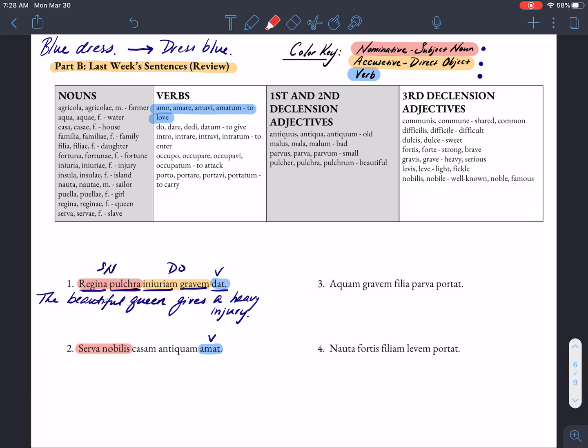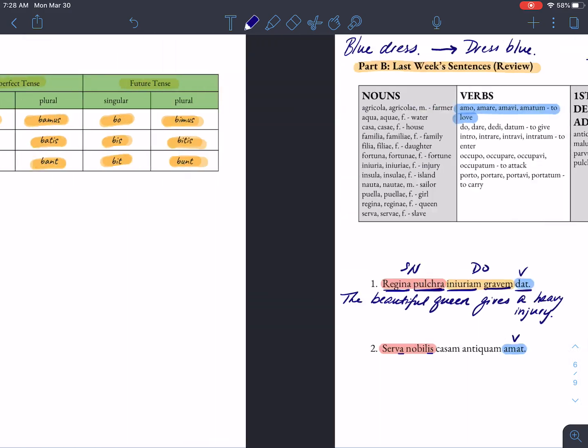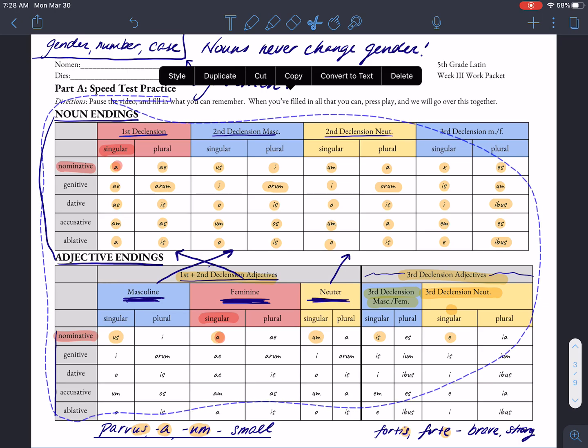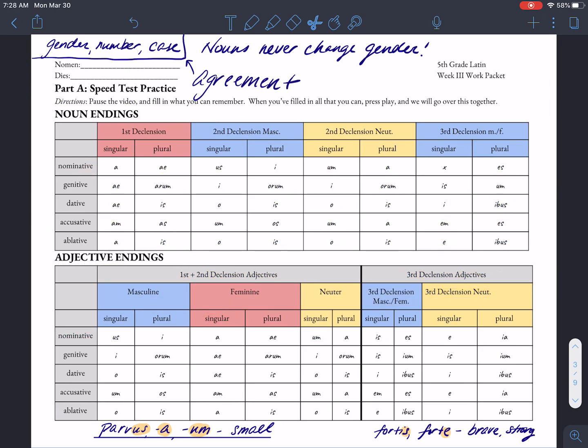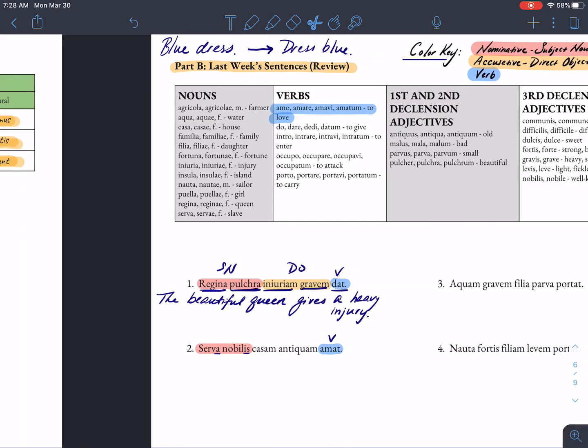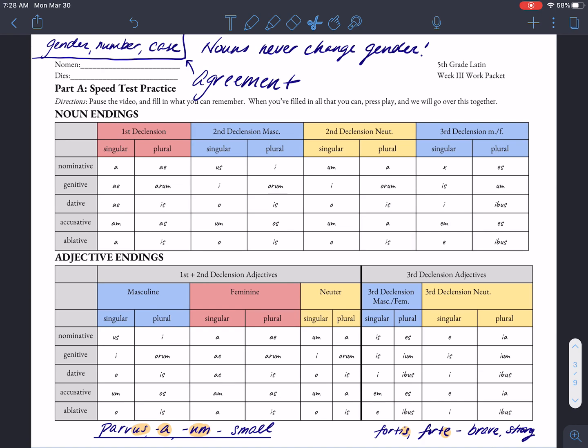Even though these endings don't look like they match, if you were to check back on your chart, you would find that they do match. But let's get rid of all of this marking because that's going to confuse us when I'm trying to point stuff out. What was our phrase? We've got serva nobilis. Let's write that up here.